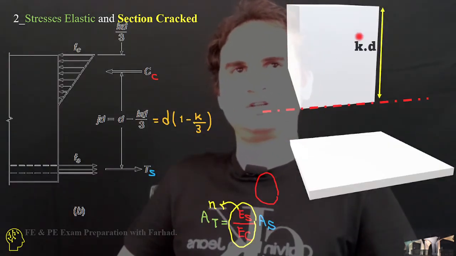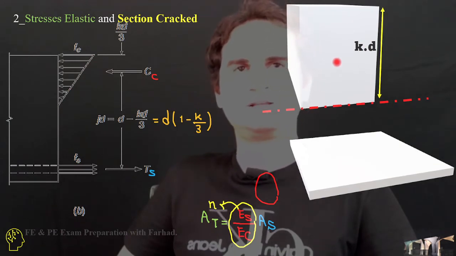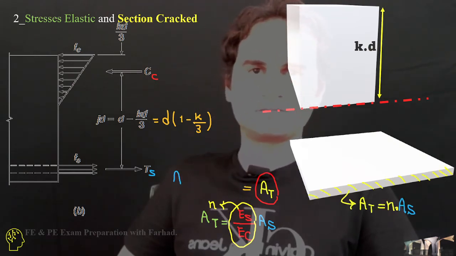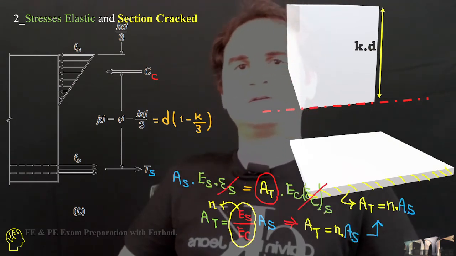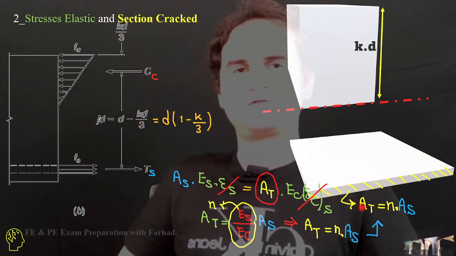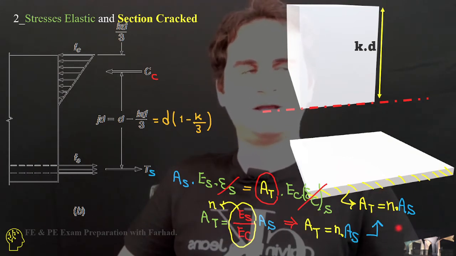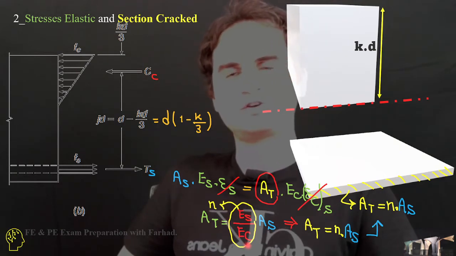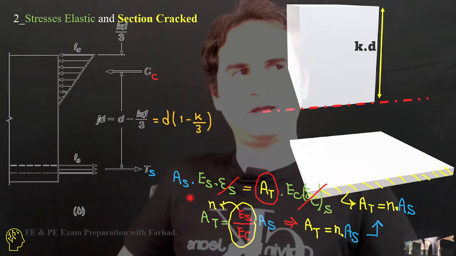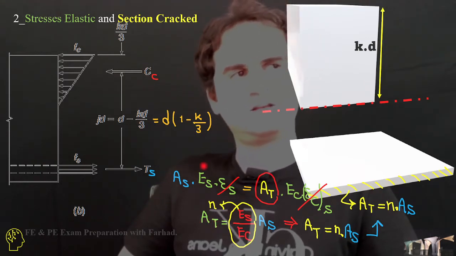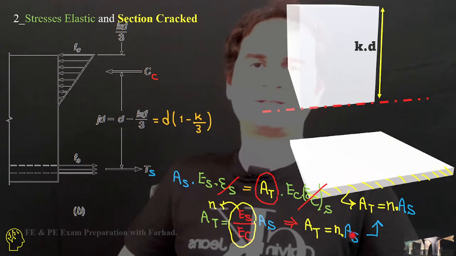In the cracked section, the distance from the top to the neutral line is kd, a coefficient times the effective depth. We call this part the transformed area, which is n times the area of steel, where n is the ratio of the modulus of elasticity of steel over concrete. Definitely the modulus of elasticity of steel is much higher than that of concrete, so n is 5, 6, 8, 9, or so on. So At is n times As.